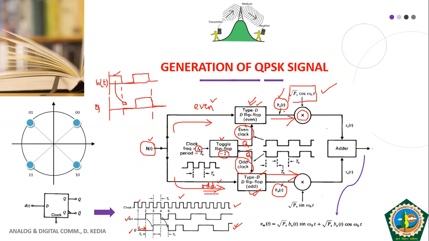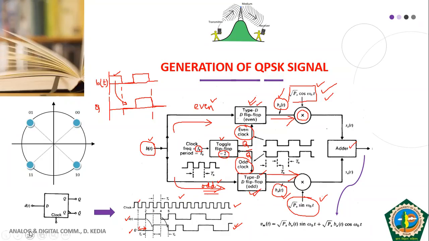It means even numbered bits are transmitted with the help of the cosine carrier, and odd numbered bits are transmitted with the help of the sine carrier. The sine carrier and cosine carrier are in phase quadrature with respect to each other. And finally we add them.